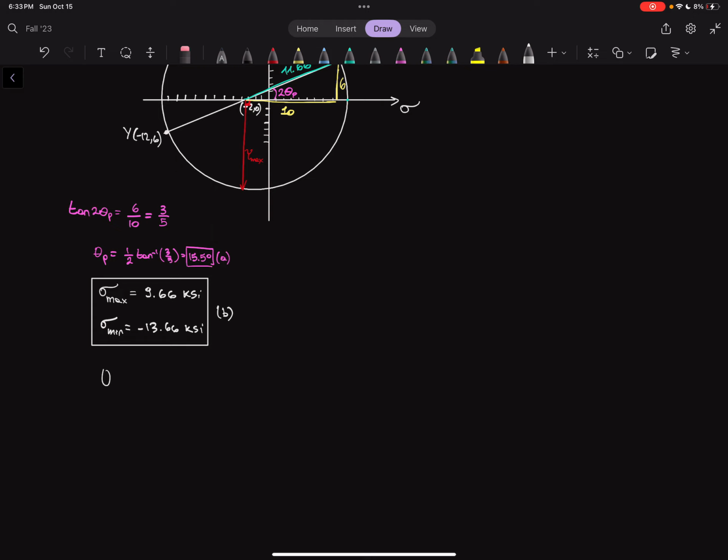So theta for tau max is equal to 15.5 plus 45 degrees, which is 60.5 degrees. So that takes care of that answer.